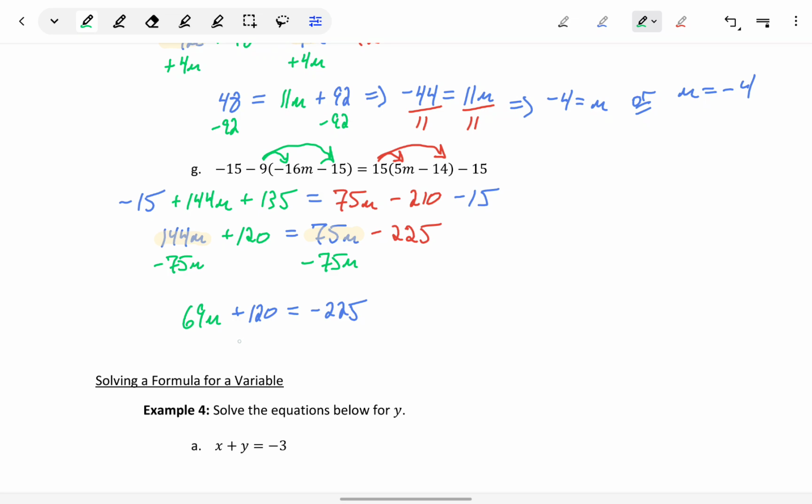Now we'll collect the constant terms on one side of the equation by subtracting 120 from both sides, which will leave us with 69m is equal to negative 345.